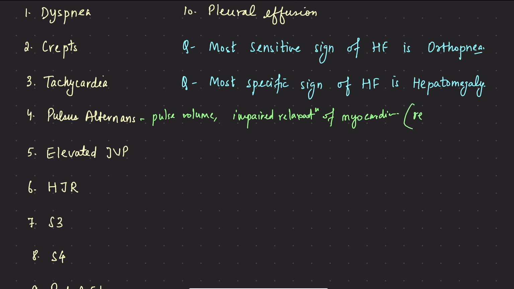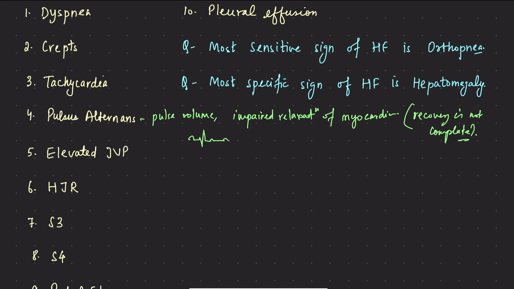Recovery is not complete, so it takes one complete cycle for the myocardium to recover, such that in one cycle there will be a normal complex.